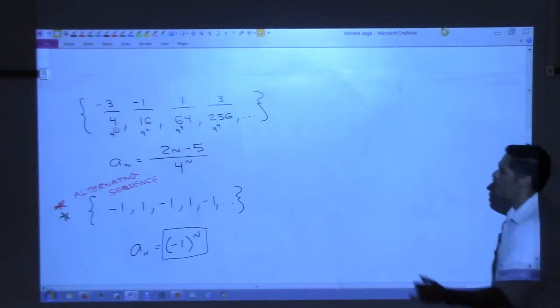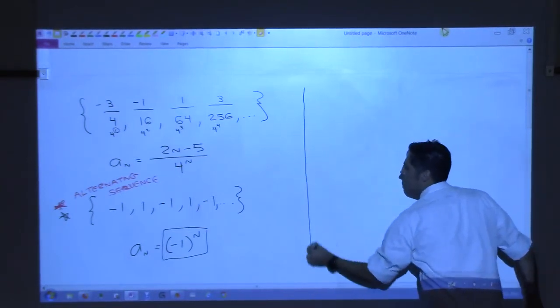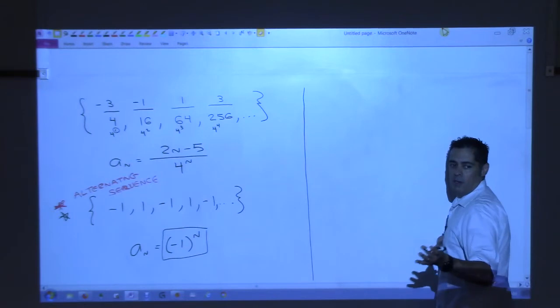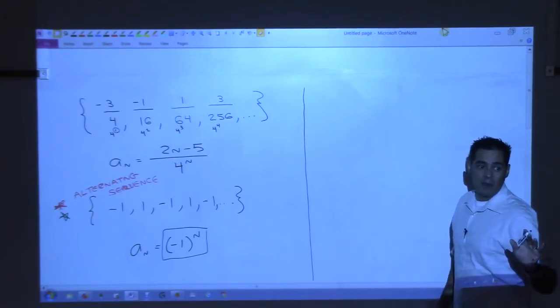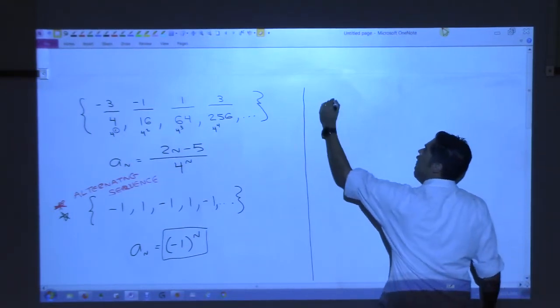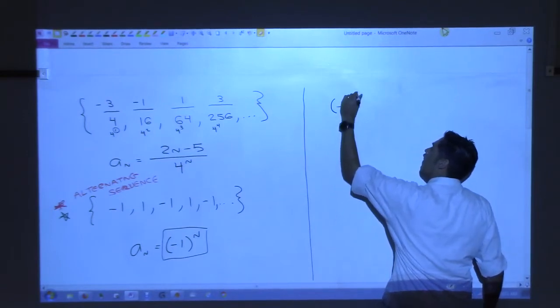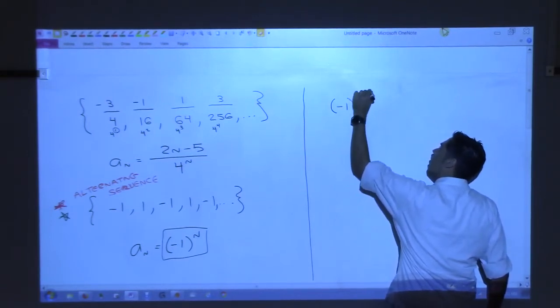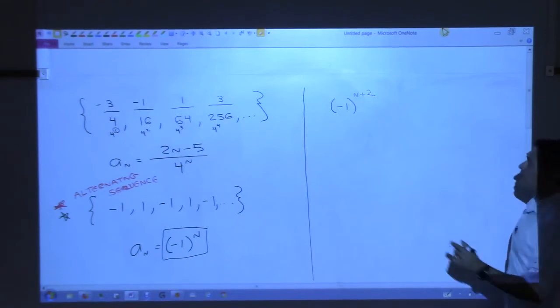With that said, I'm going to ask a different question this time. Can you tell me what sequence this would generate?